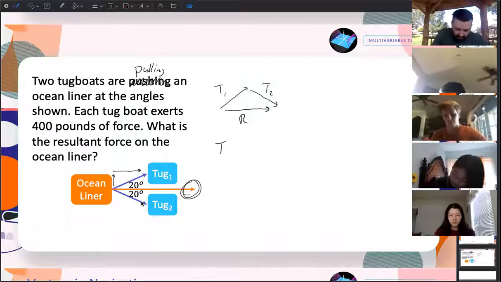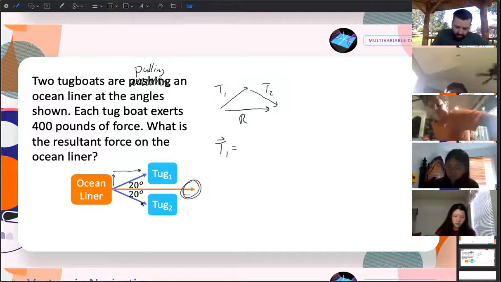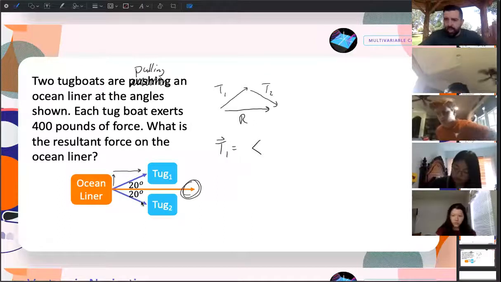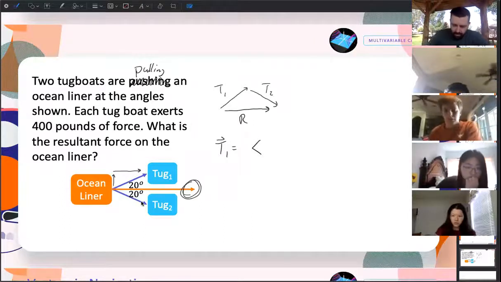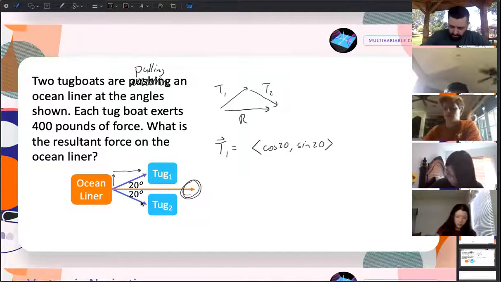So I would come up with a vector for tugboat 1. And I usually think of it as doing a unit vector going in that direction. So notice it's going 20 degrees from the positive x-axis counterclockwise. That's the exact direction we want. A unit vector then is just cosine 20, sine 20, right? Think of the unit circle.